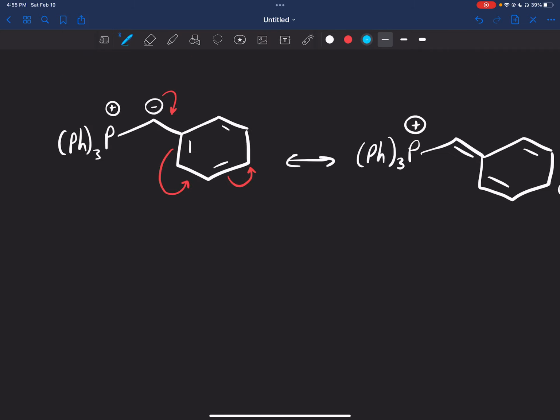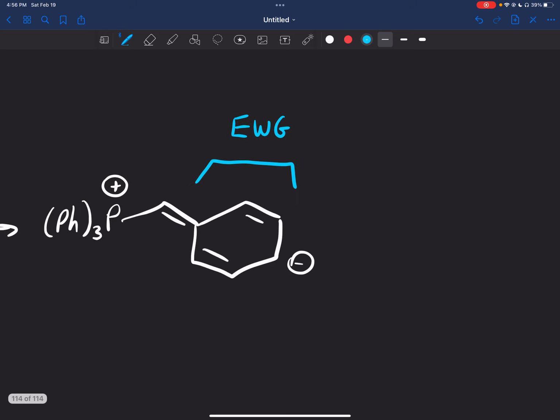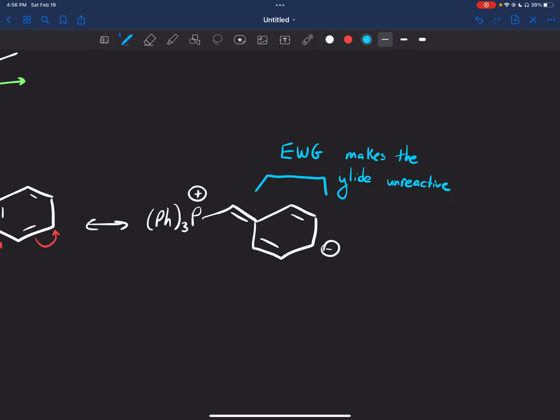Here we have a group that can take that negative away from the phosphorus. So that makes that an electron withdrawing group. Because it's pulling away that negative, it's making our ylid unreactive.